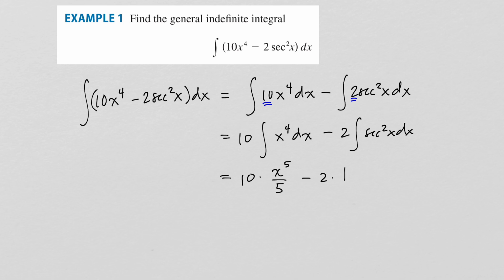And for secant squared, the antiderivative is tangent of x. And then we only need to add one constant, because if you add an arbitrary constant for each of these, the sum of those constants would just be a new constant. So our final answer here will be 2x to the fifth minus 2 tangent of x plus c.